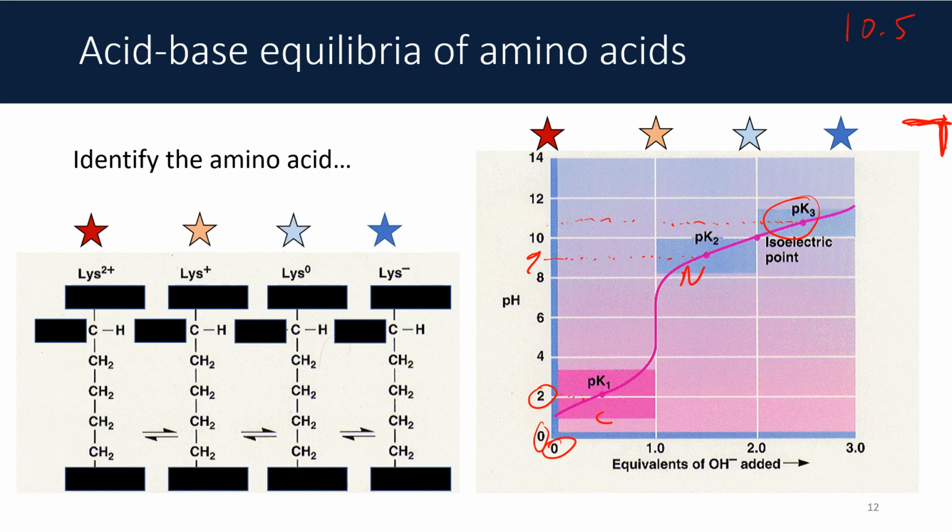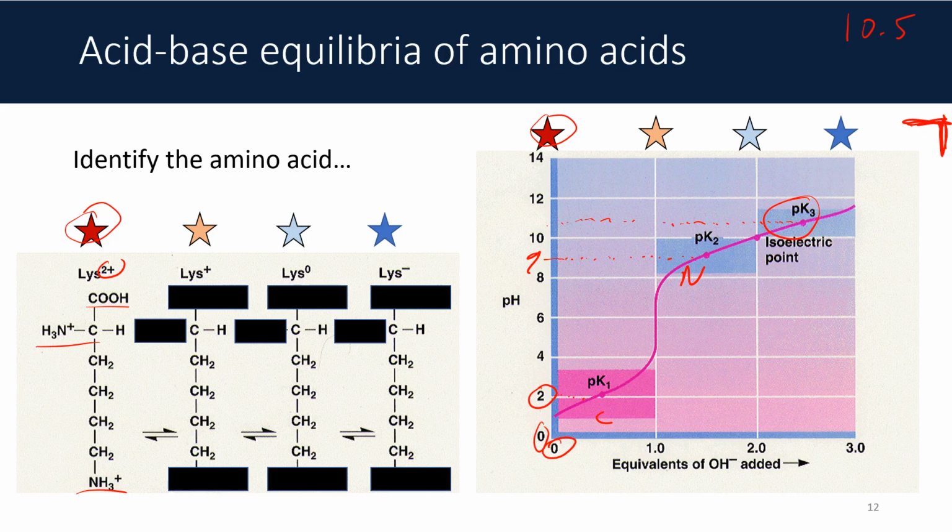I'll pull up this diagram over here that we can work alongside with, and I will show you that at very, very acidic pHs, denoted by this red star, the carboxyl, the C terminus, is protonated and neutral. The N terminus is protonated and positively charged. The epsilon amine is also protonated and positively charged, making the net charge on lysine 2+.